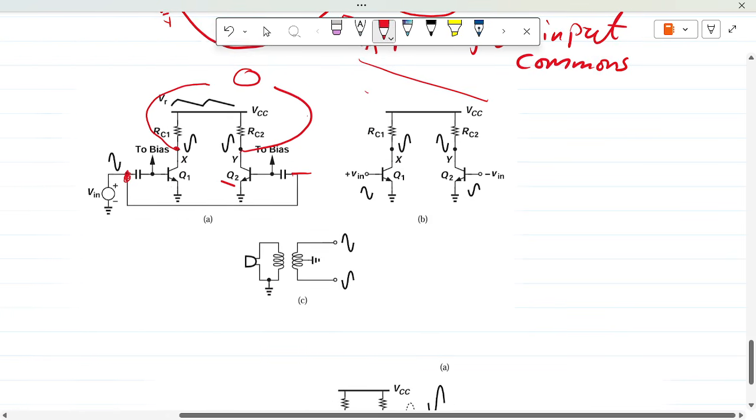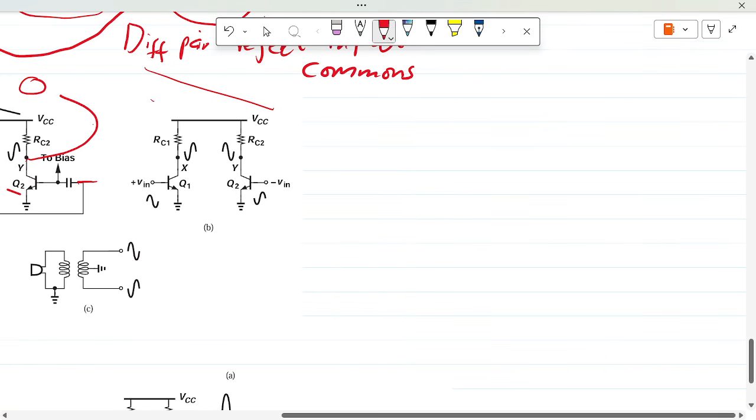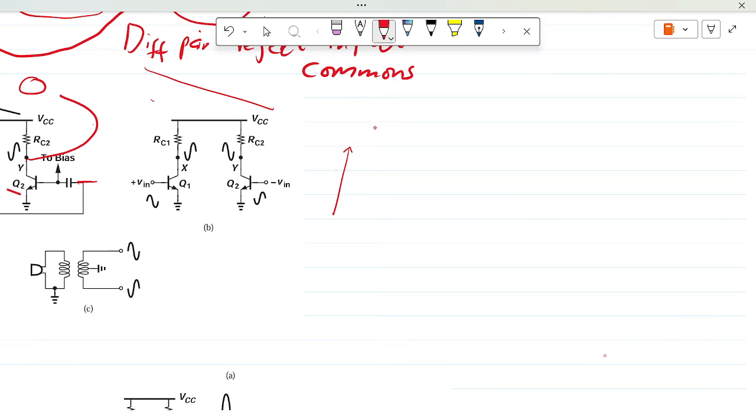So this is what qualifies to be a differential signal. Assuming I have a microphone signal with V0 being 10 millivolts, then it will look like this.